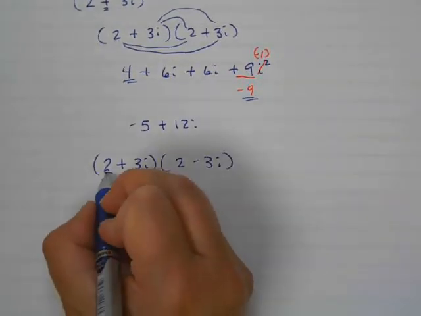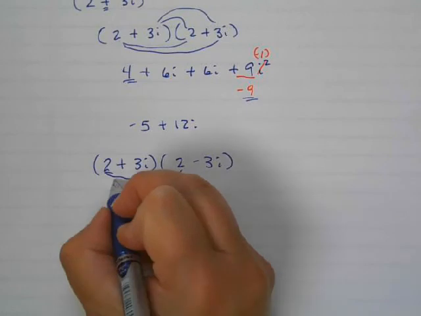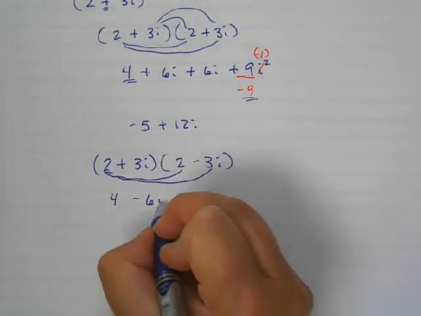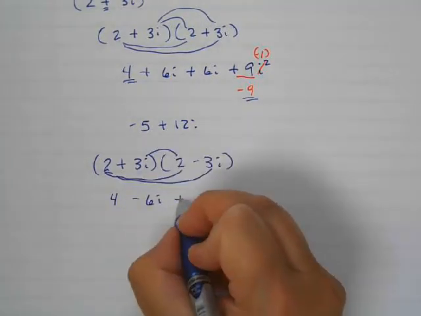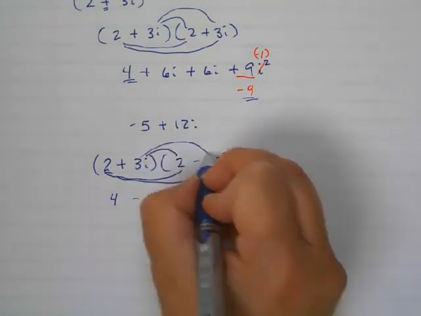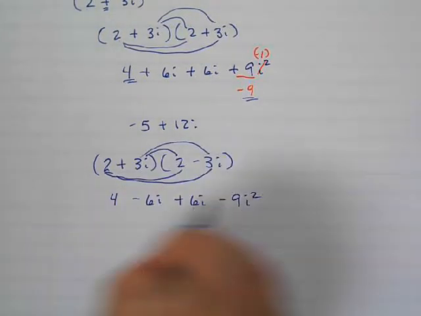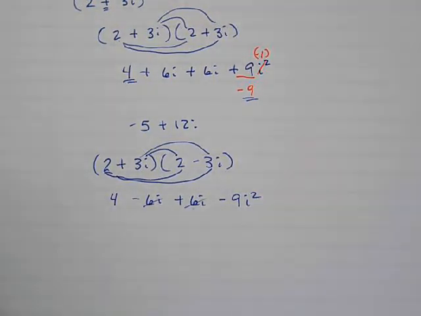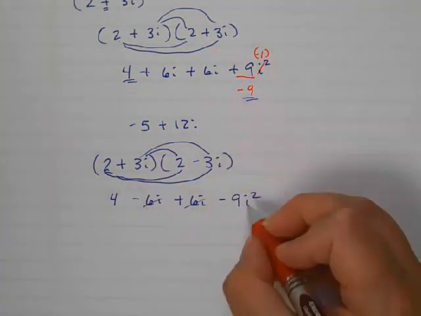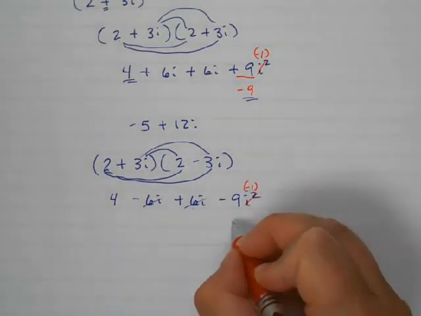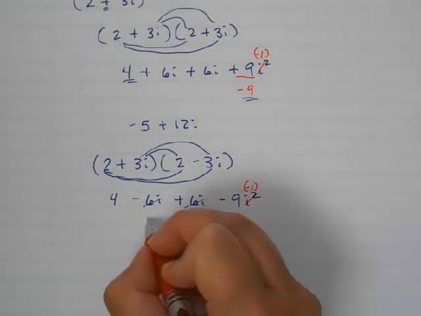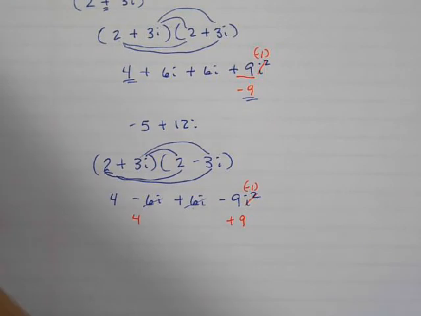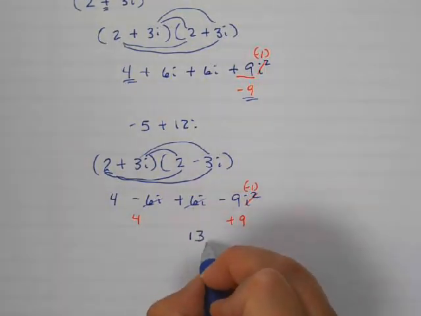But when I multiply this, I get 4 minus 6i plus 6i minus 9i squared. Well, the negative 6i and the positive 6i are going to cancel. This is going to turn into negative 1, so this becomes positive 9. So I have 4 plus 9, which is 13.